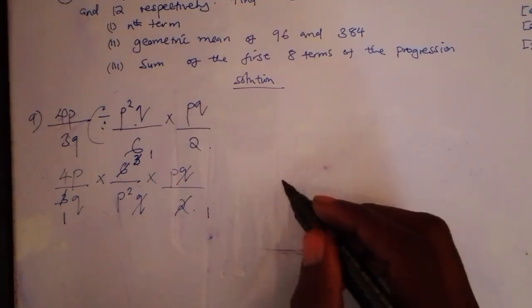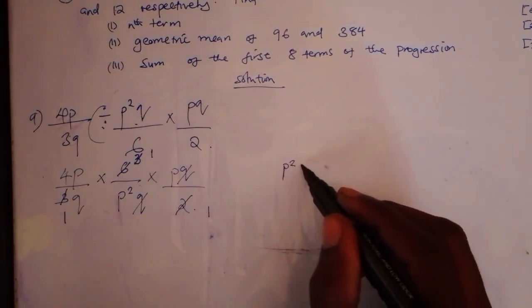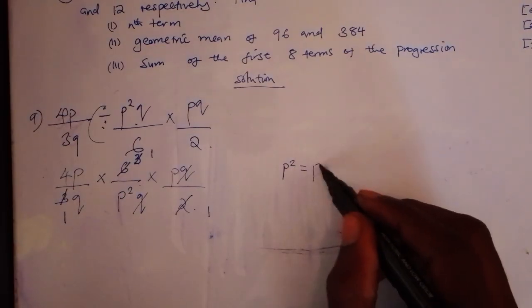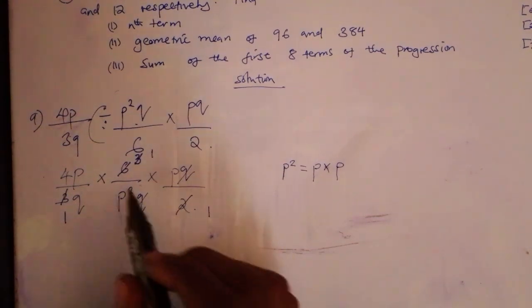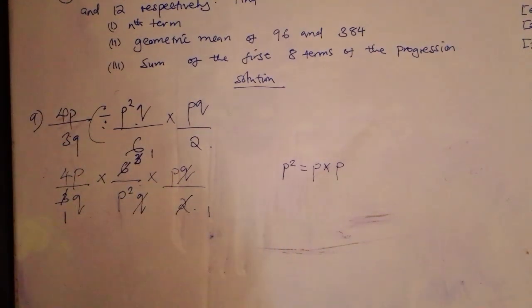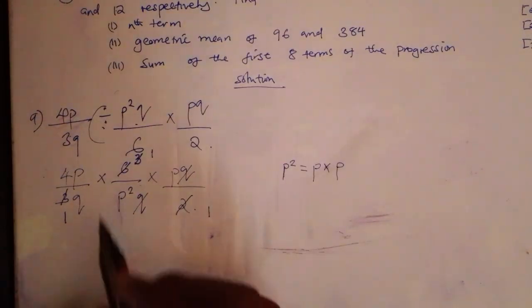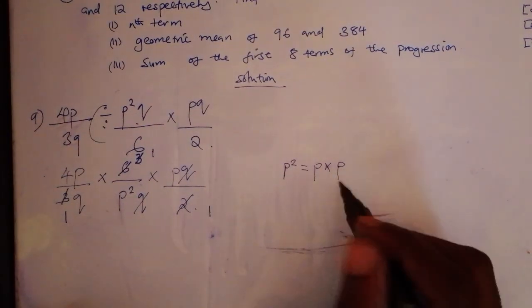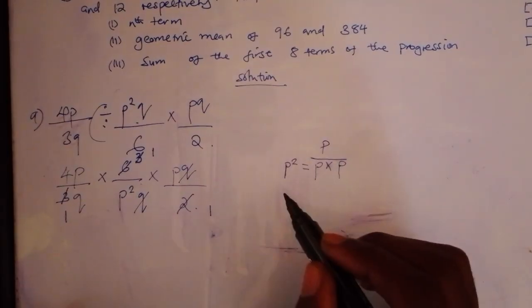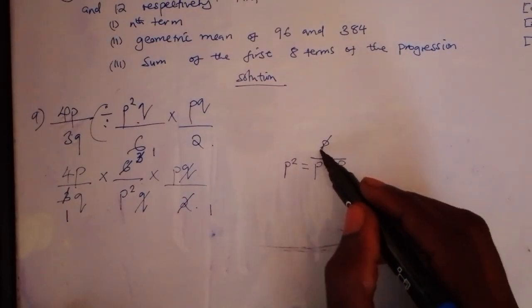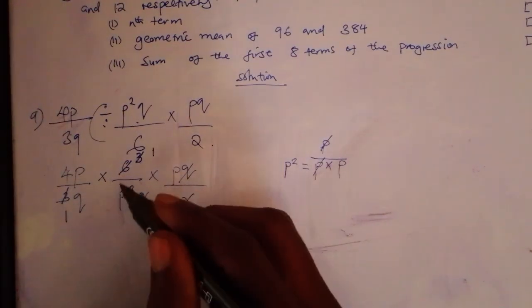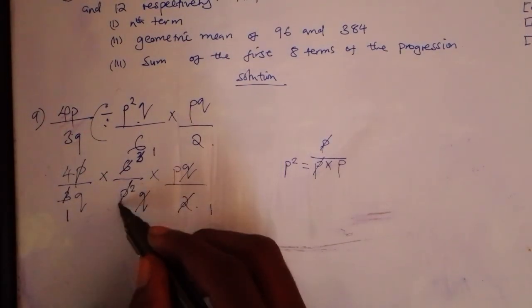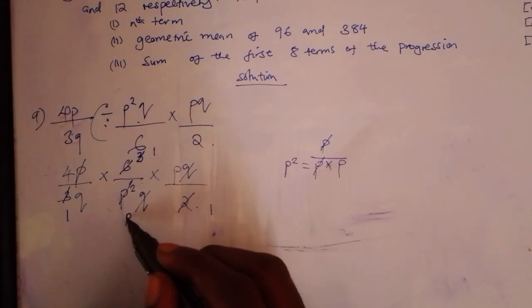Remember, whenever you have P squared, this is the same as P times P. So if we have P squared here, we have 2 P's. Then if these 2 P's are divided by 1 P, we are going to cancel this one and this one. So down here we are going to remain with 1 P. So if we divide this P and this P, here we are remaining with P.